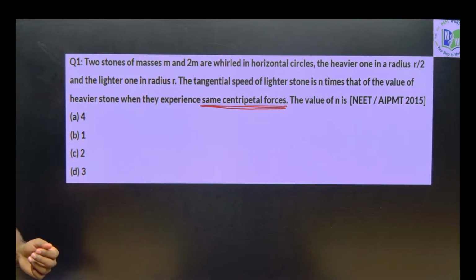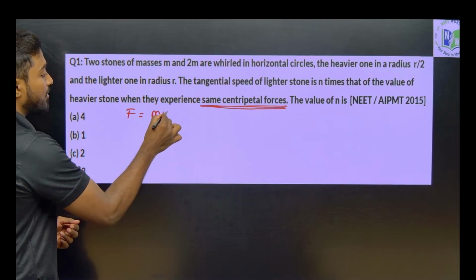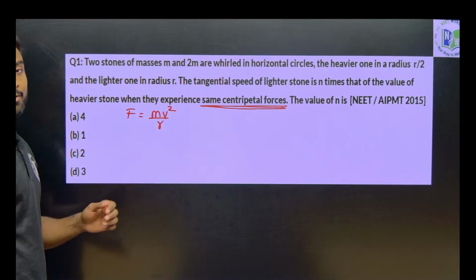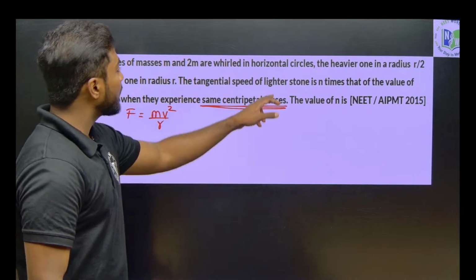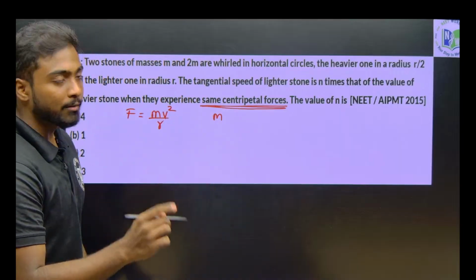What is the formula for centripetal force? F is equal to mv square by r. This is the formula we know, right? What is the mass given?